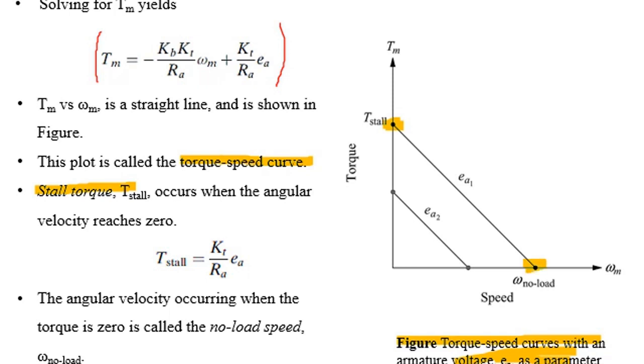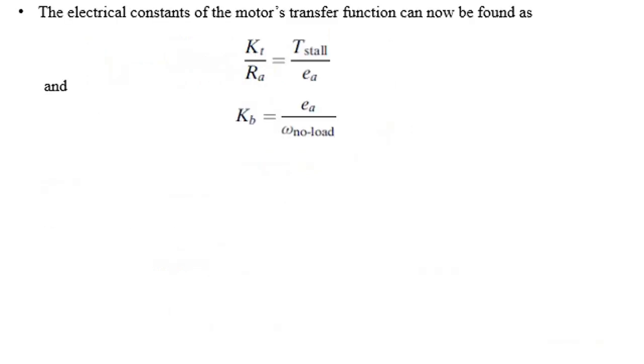And for the second variable, we will assume that torque is equal to 0. Replacing this in the first equation, we will get the maximum speed of the DC motor, and this will be equal to EA over KB, where T stall is equal to KT over RA multiplied by EA.